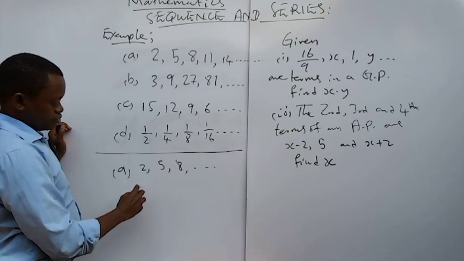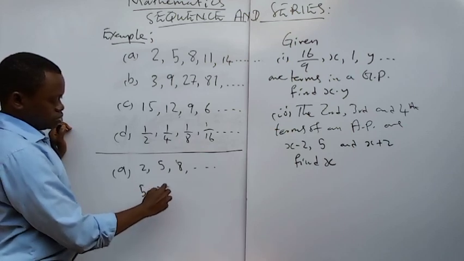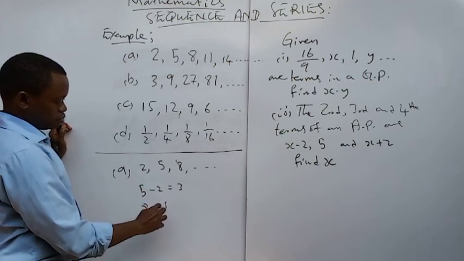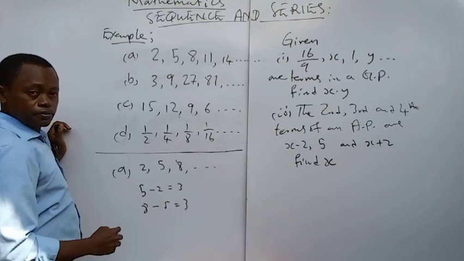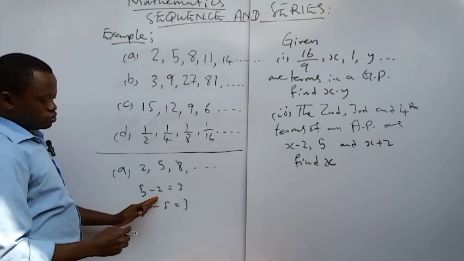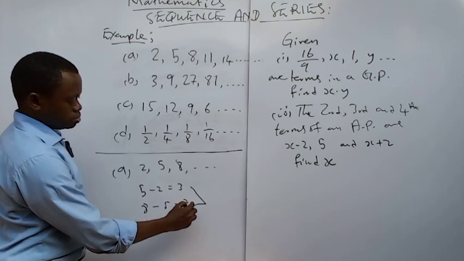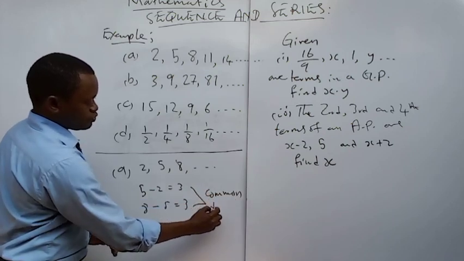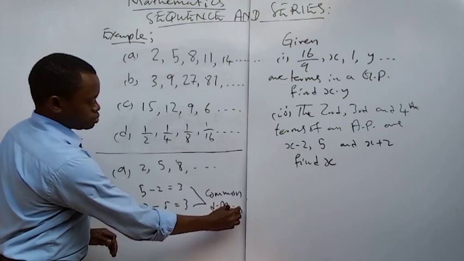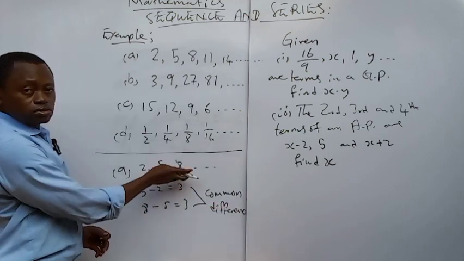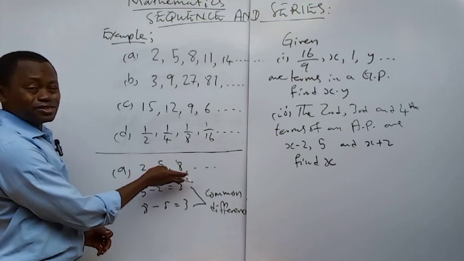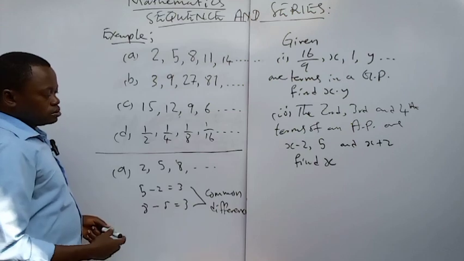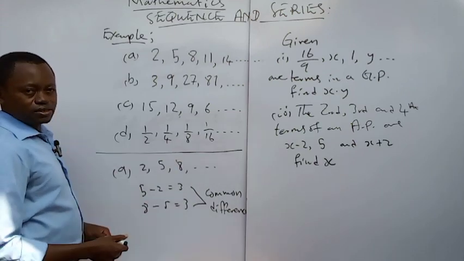Did you realize that 5 minus 2 is 3? And the same thing is applicable to 8 minus 5. It is still 3. So if you are careful enough to discover this, this is called the common difference. That difference is common. It's existing across the terms. It's common, so we call it a common difference. This concept will help you to enter this.